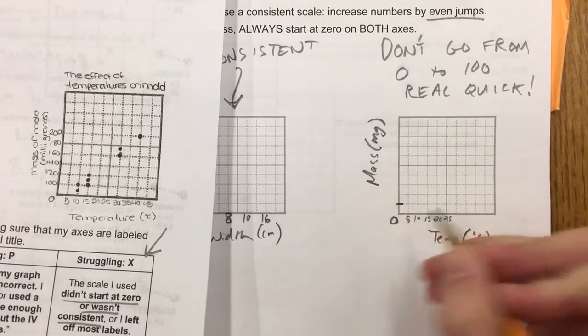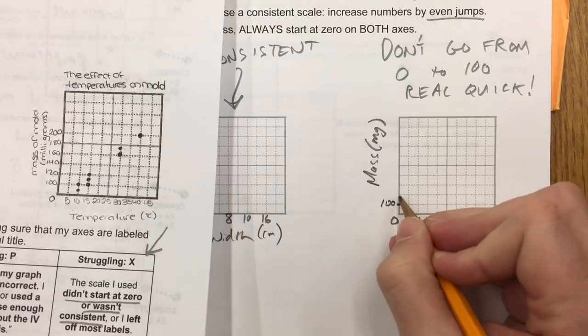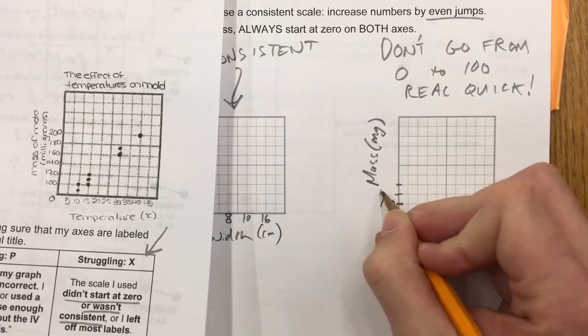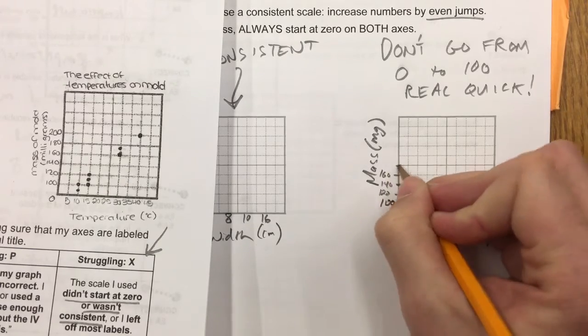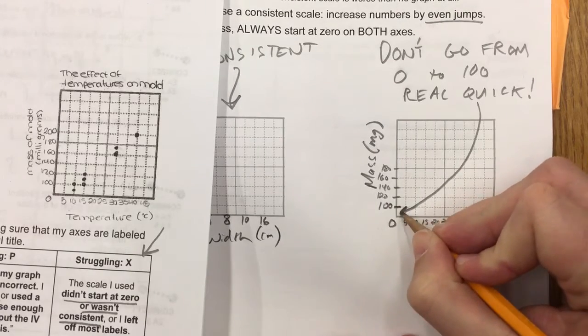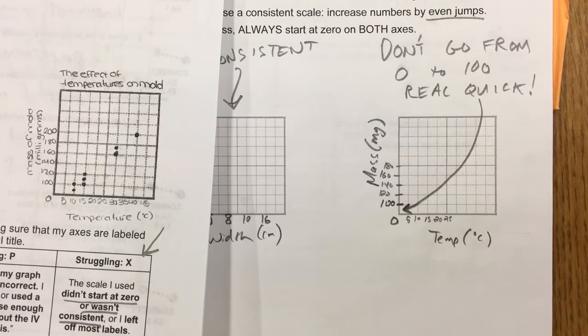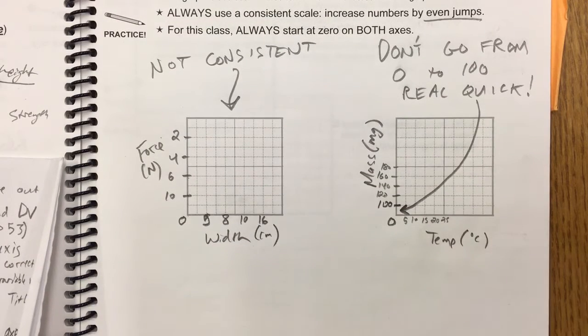But going from 0 to 100, then 120, 140, 160, 180, we don't want to do that. So this is an example of something that will earn you not as many points as we want. We want to make sure that our graph is consistent, increasing from 0.